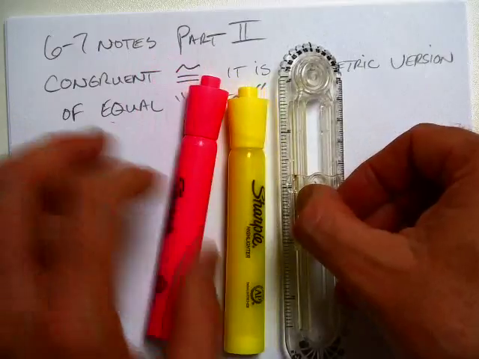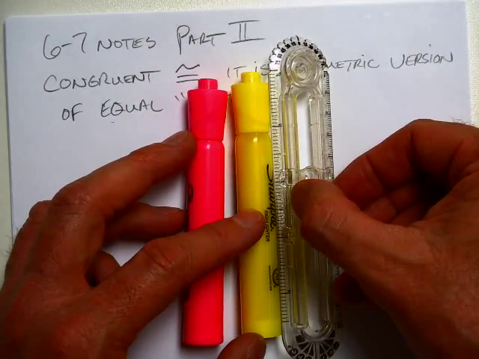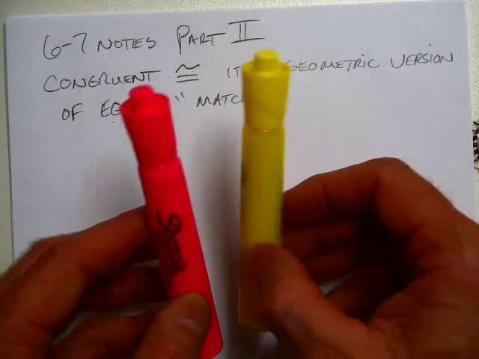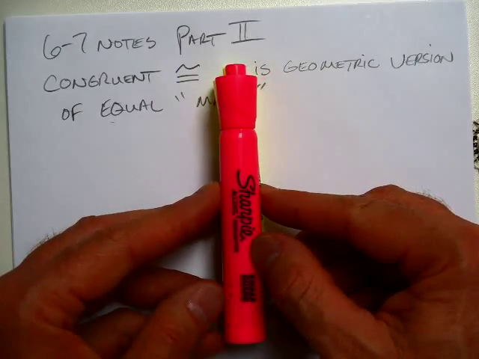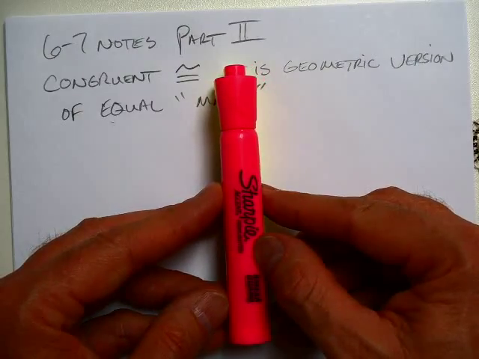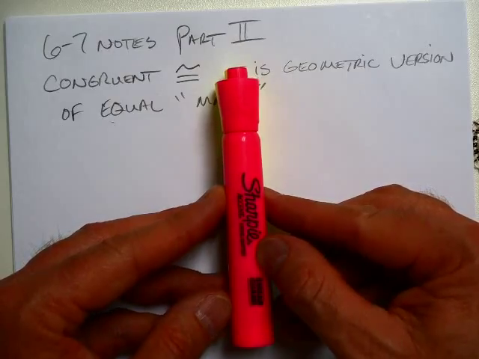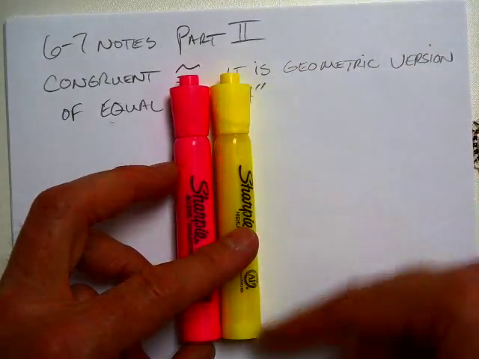And I can say that this highlighter is 4.5 inches, and they have equal measurements. Okay? But they're also congruent, because if I take one and I put it on top of the other, they are exactly the same shape. So they match. Equal height.